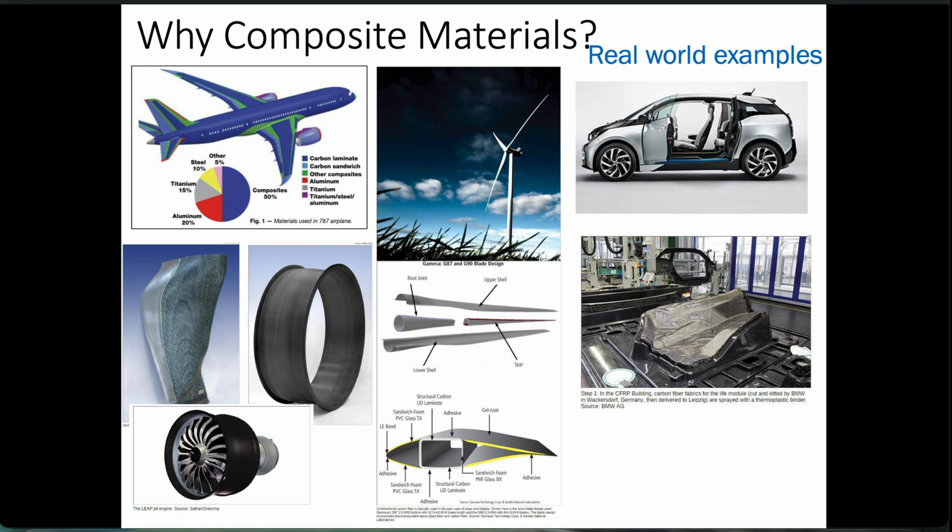Where do we use composites? Composites are basically used everywhere. In a plane, nowadays 50% of the plane is made up of composites. The same is true for wind tunnels. There are some cars, like this BMW i3, that are completely made of composites, right?